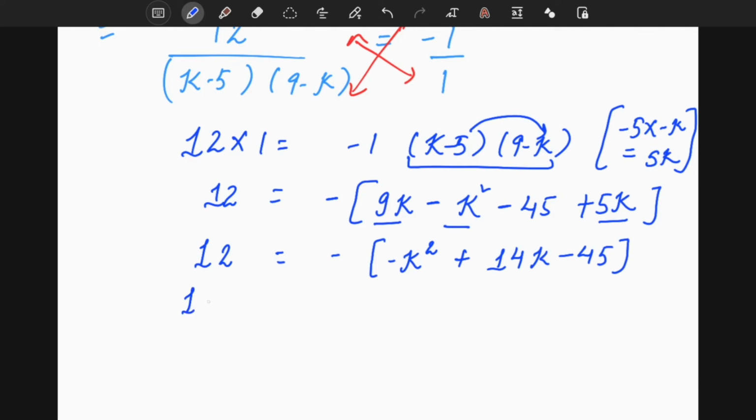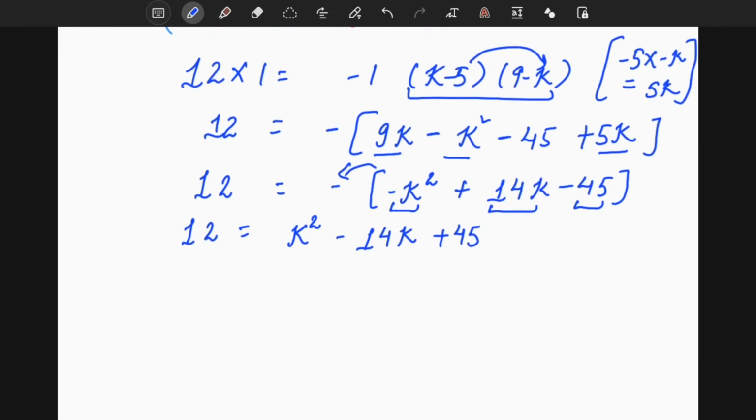And now see, whenever there is a negative sign outside the bracket, the sign of all the numbers and variables in the bracket gets interchanged. Now here k square is negative, it becomes positive, minus 14k and plus 45.